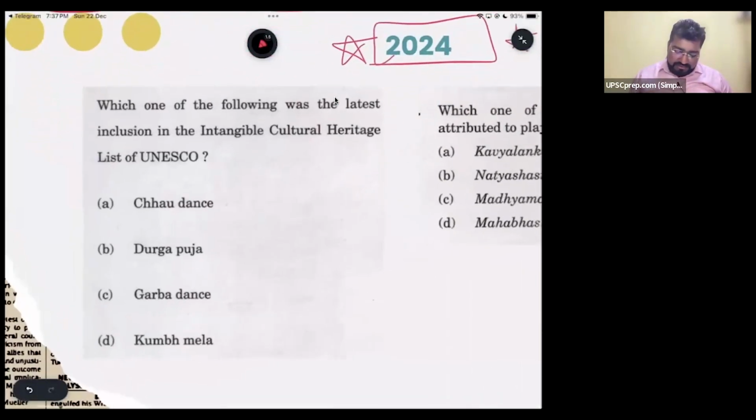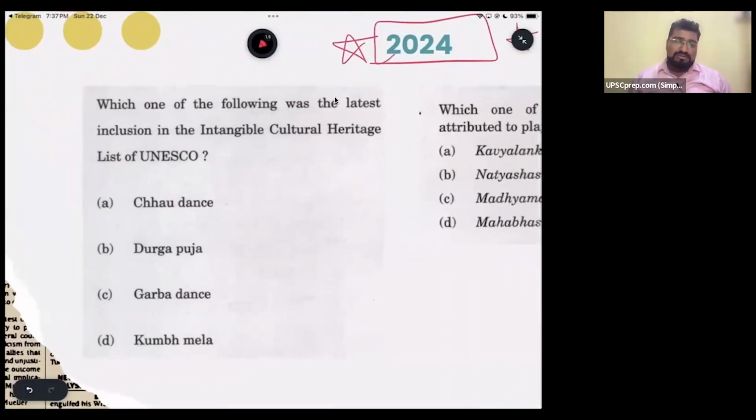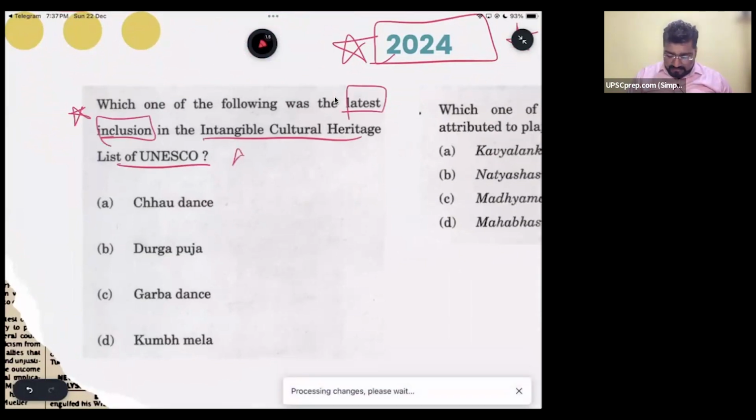See, which one of the following was the latest inclusion in the UNESCO list of Intangible Cultural Heritage? What exactly is it? It is part of your current affairs. Got it?